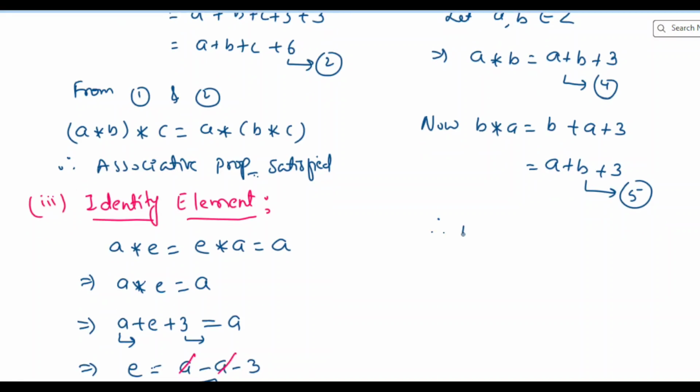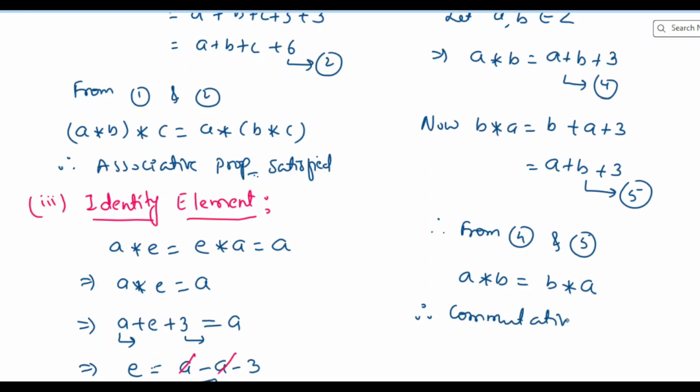Therefore, from equations 4 and 5, we have a star b is equal to b star a. So therefore, the commutative property is satisfied.